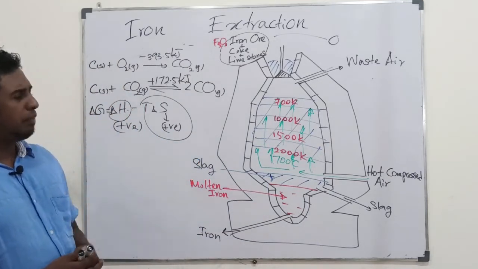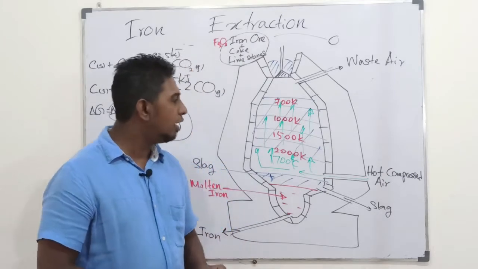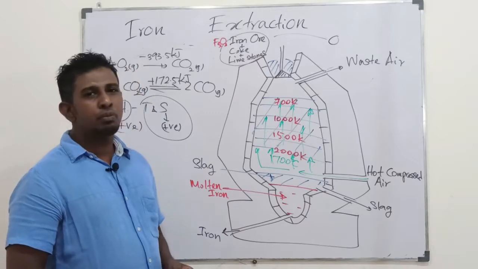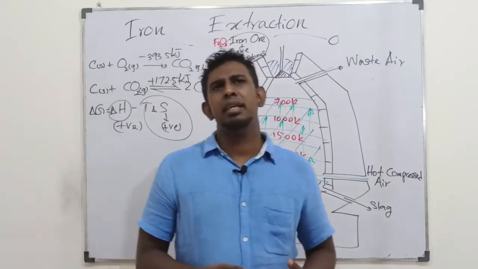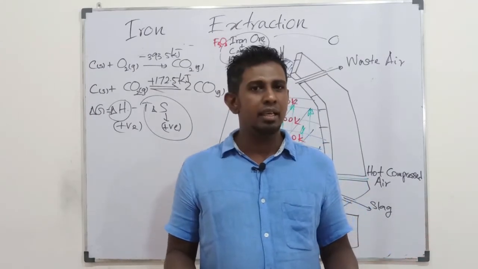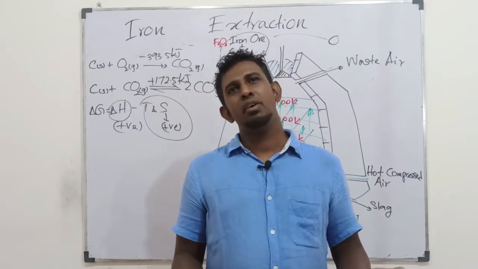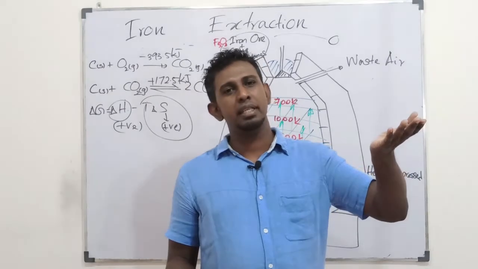Then, students, when you compare the stability of carbon monoxide and carbon dioxide, I could prove to you that the stability of carbon dioxide would be high at low temperatures.